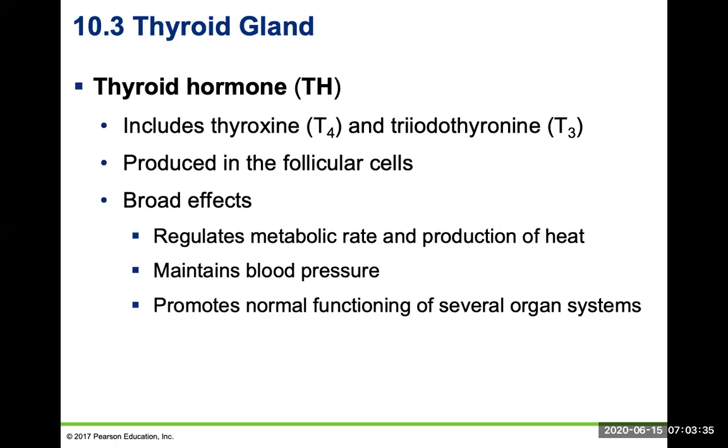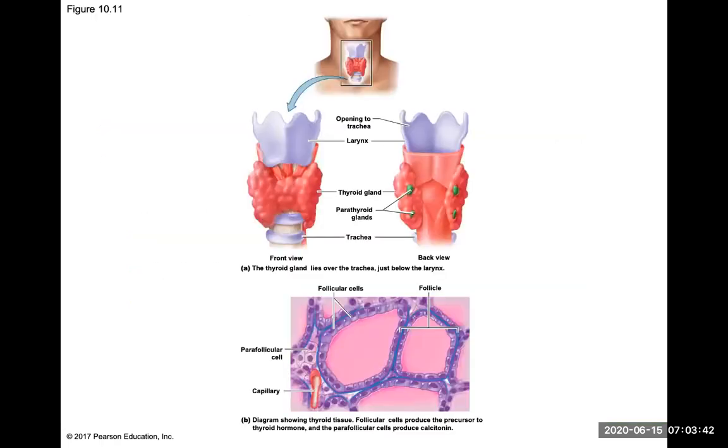Your thyroid hormones regulate metabolic rate and the production of heat, maintaining your blood pressure and promoting normal function of several other systems. So there's a look at where your thyroid gland is located, right below the larynx, and it surrounds the trachea, and we'll talk about these structures when we get to the respiratory system.